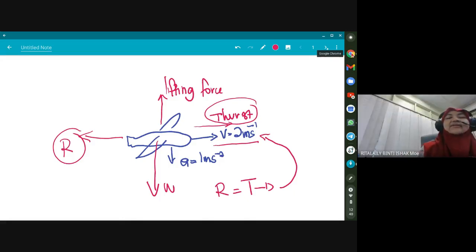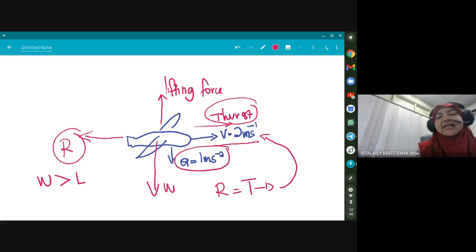Yes. Okay. So based on the situation here, the weight is bigger than the lifting force. Why? Because the object is accelerating downward. Okay, how do we know which one is bigger? Look at the direction of acceleration.